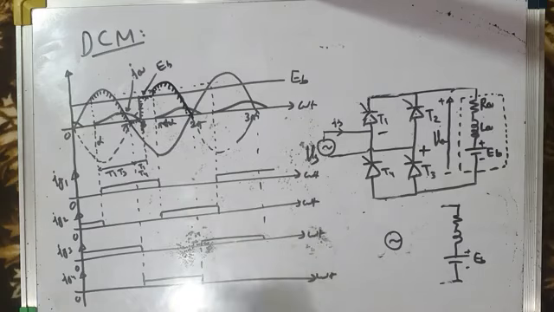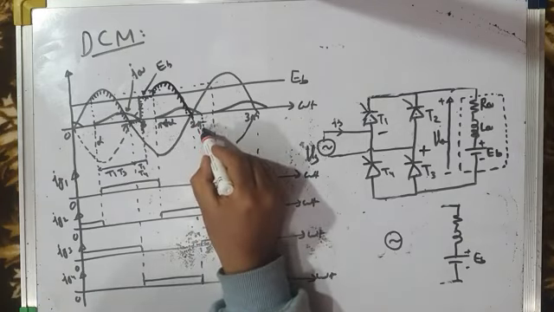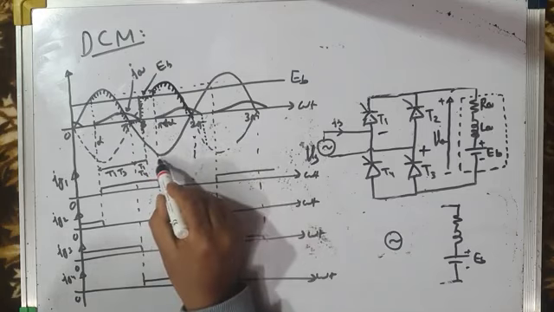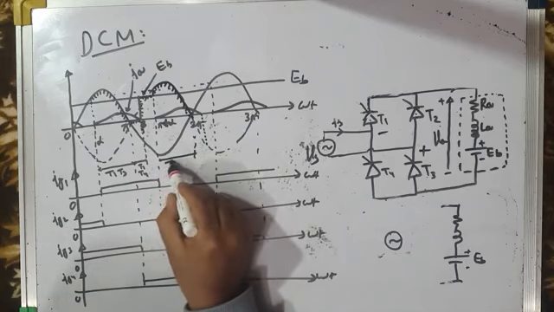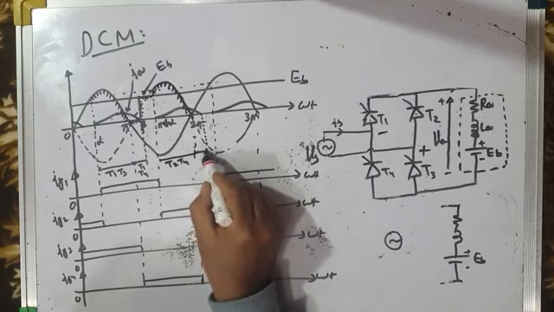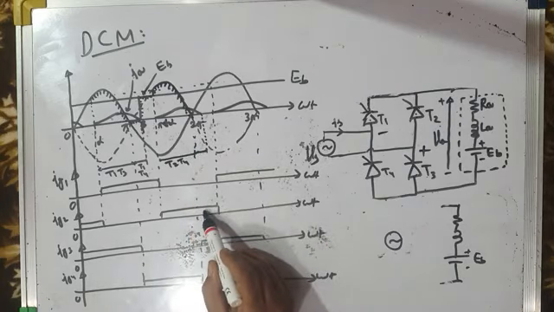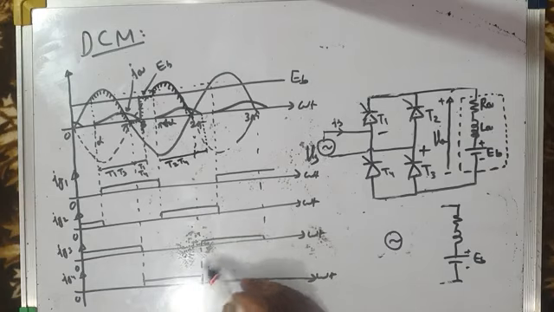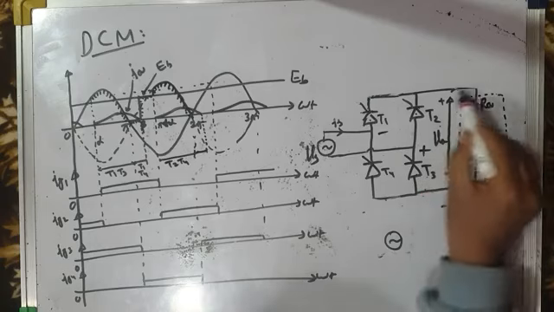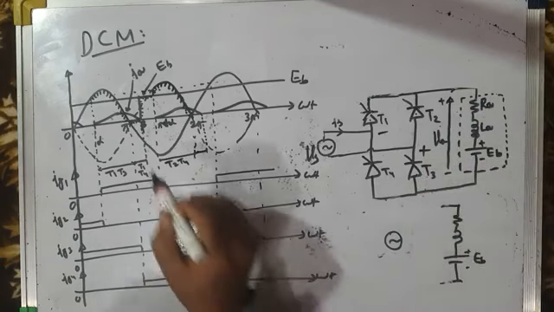From 2 pi to 2 pi plus beta, this is 2 pi plus beta. So from pi plus alpha to 2 pi, the T2, T4 pair is conducting. From 2 pi to 2 pi plus beta, you can see Ig2 is high, Ig4 has become low, but Ig3 has become high. So T2 is already conducting, T3 will also conduct, and there is freewheeling between T2 and T3, and load voltage is 0.